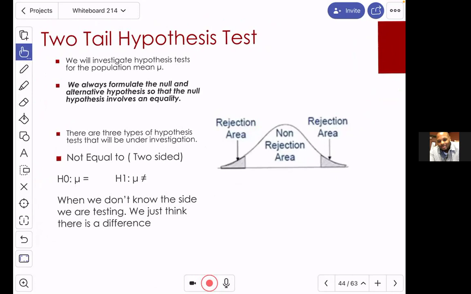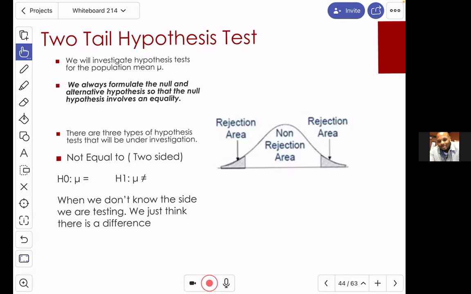In a two-tail, here's what happens. I don't know whether the value is higher than what's being stated or lower than what's being stated. But I do know that whatever's being stated, I don't think that's the right value.